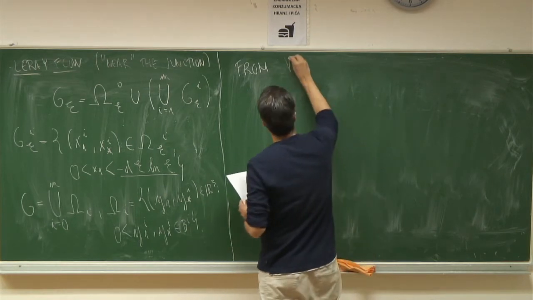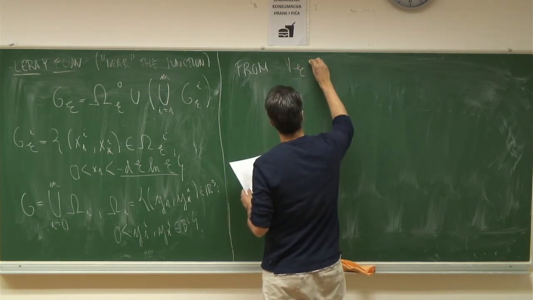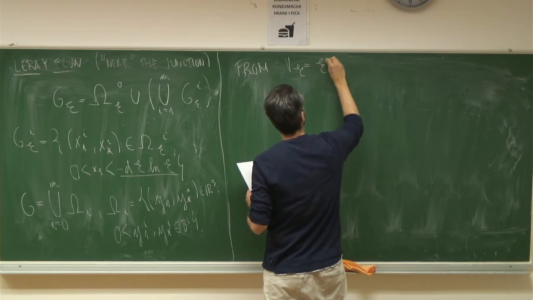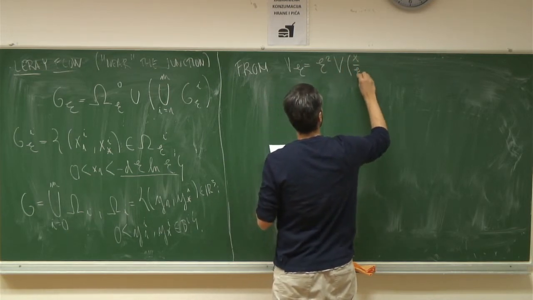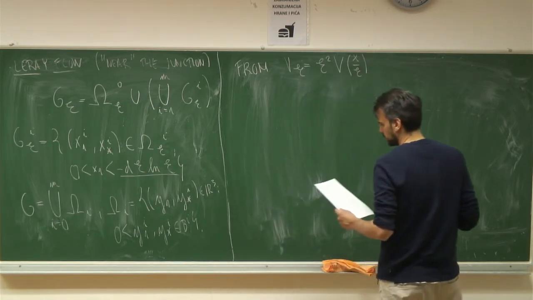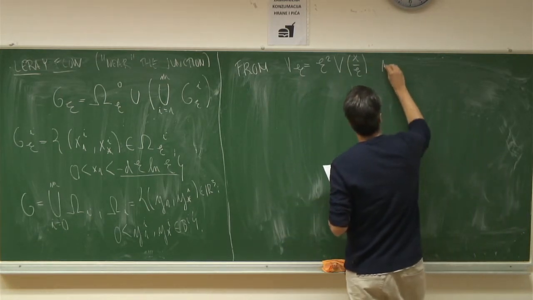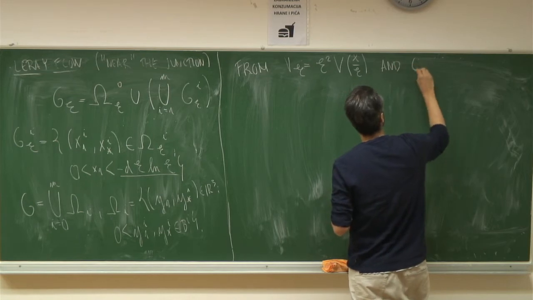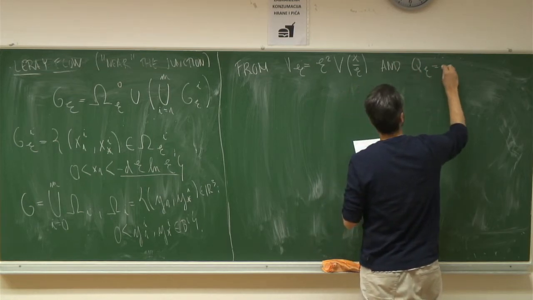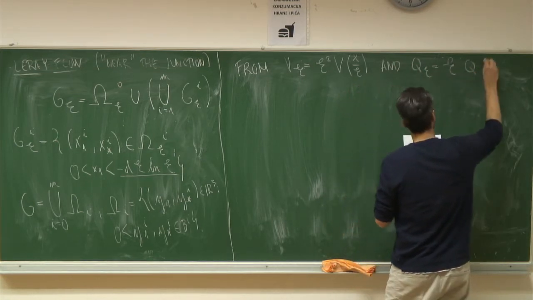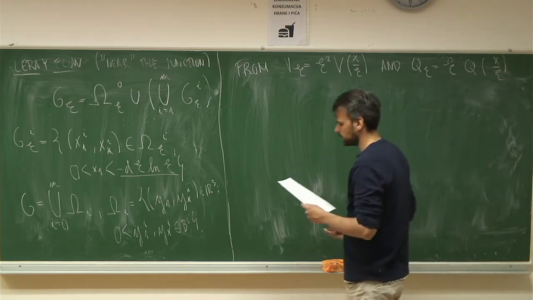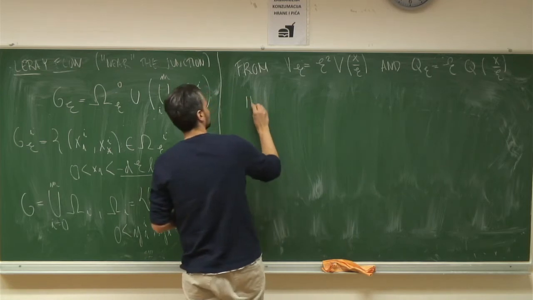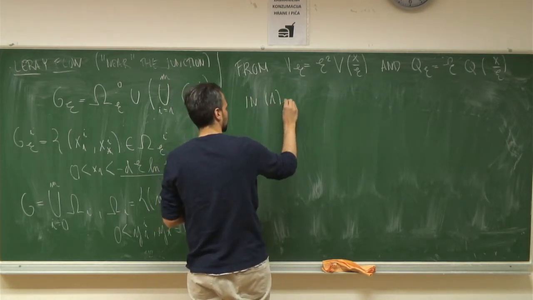So V epsilon is epsilon squared V of x over epsilon. This is the rescaling in all three variables. And Q epsilon is epsilon Q of x over epsilon. So you plug this in.